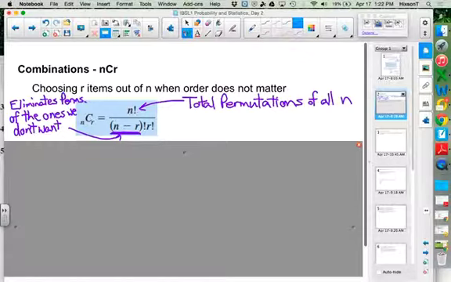So here you notice this last part of our formula, the r factorial.